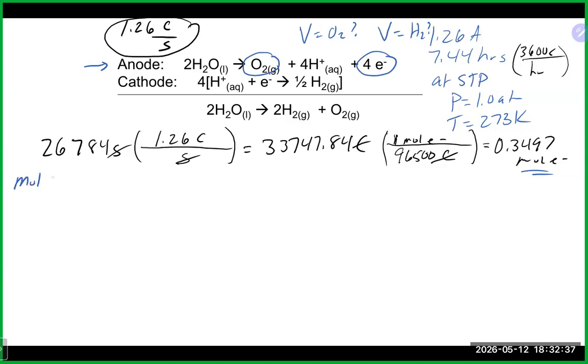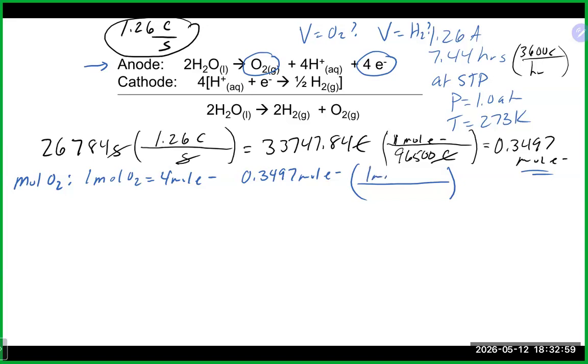From the half reaction, we see that 1 mole of oxygen gives us 4 moles of electrons. So using our moles of electrons, we're going to turn those into moles of oxygen: 1 mole of oxygen, 4 moles of electrons.